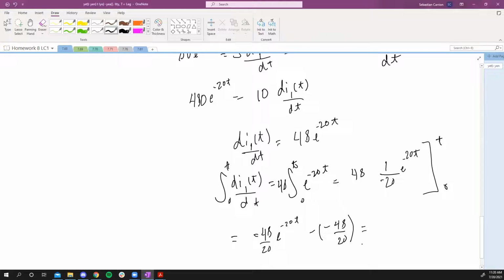And then that would be 48 over 20 minus 48 over 20 e to the negative 20t. Okay. And that would be our i1(t).